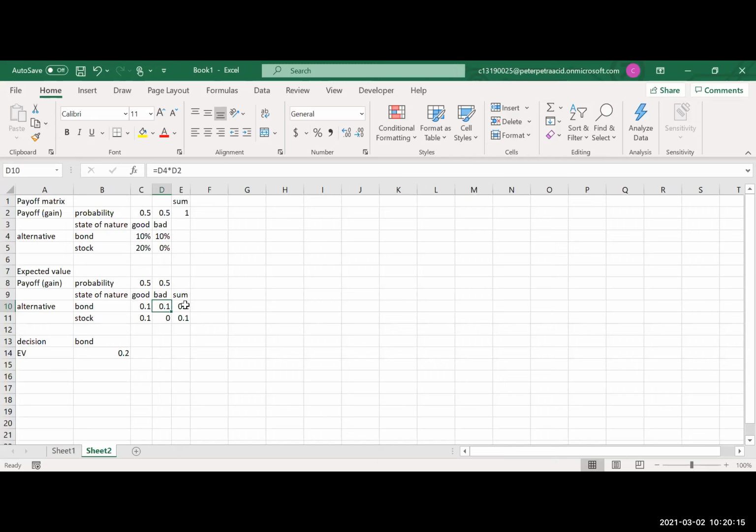So in E10, equal to C10 multiplied by C8 plus D10 multiplied by D8. Okay, so copy that. So that's EV.